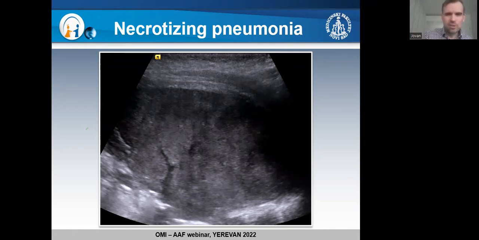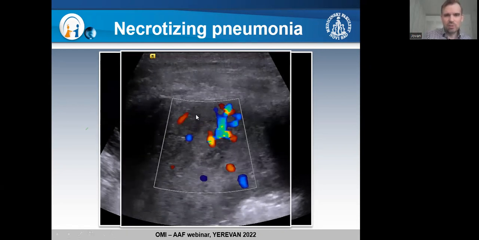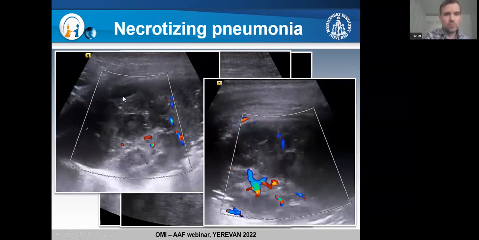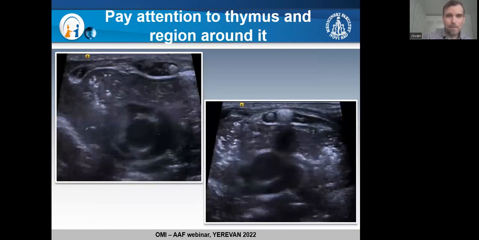So just 2 days after, look, there are clear areas of necrosis. A few days after that, a number of necrotic areas within this lung.